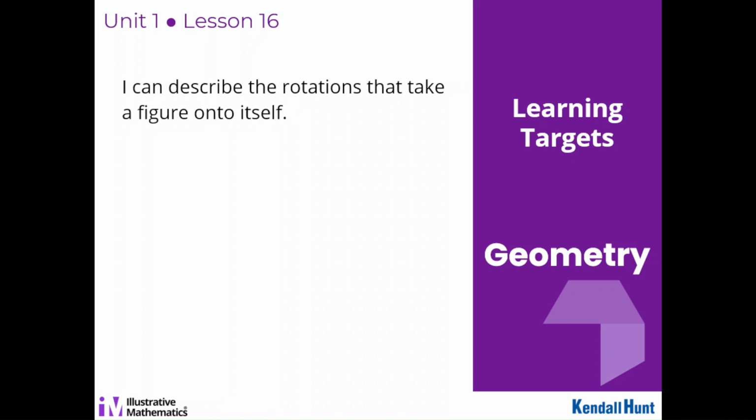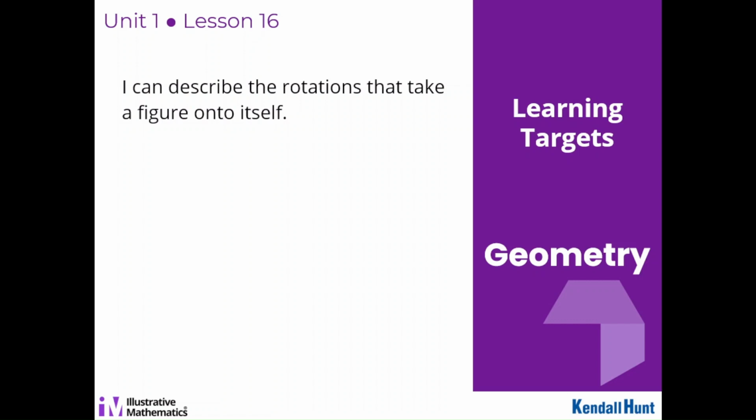So we again have one learning target for this lesson. Once we get done with the practice problems, we'll come back and review this learning target just to make sure you understand everything you need to. The one learning target today is that you can describe the rotations that take a figure onto itself.